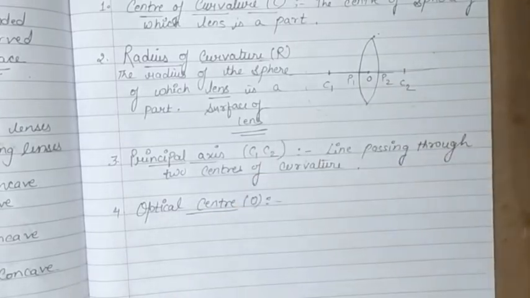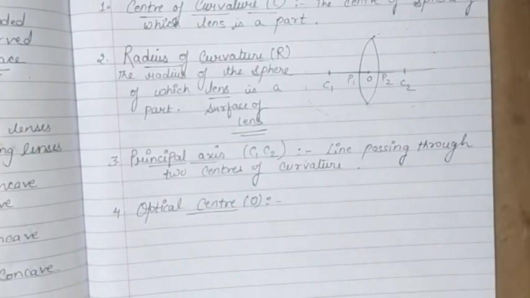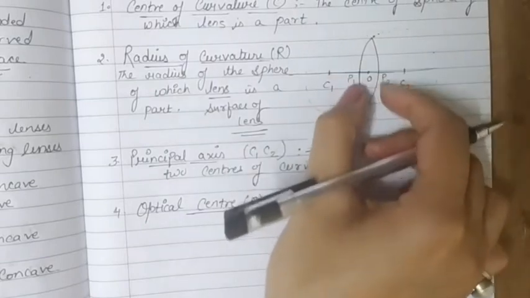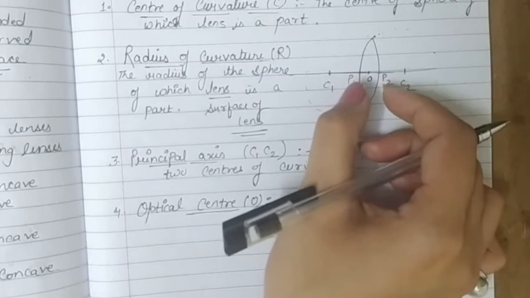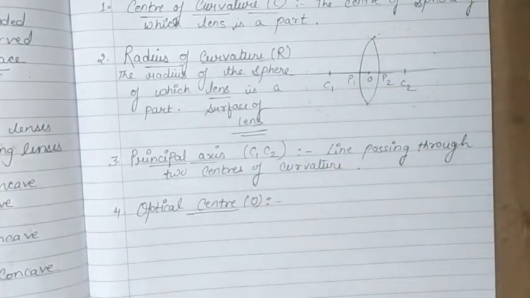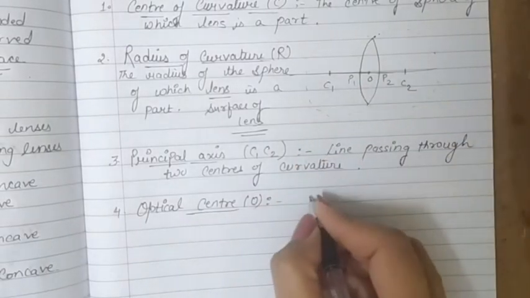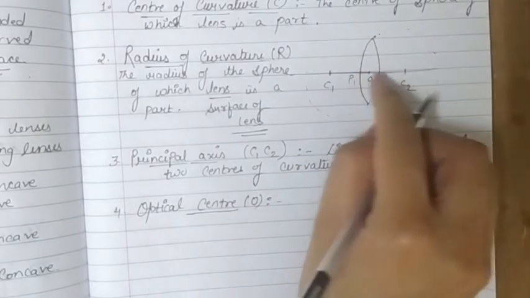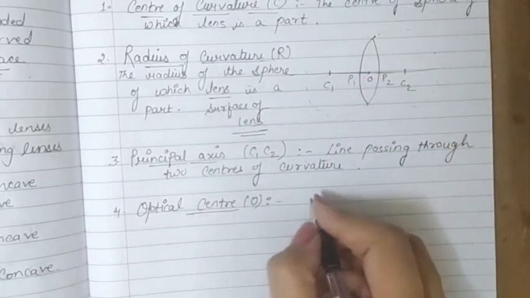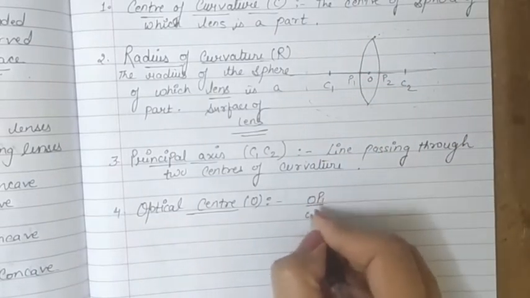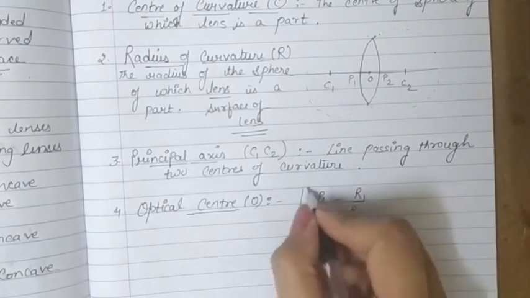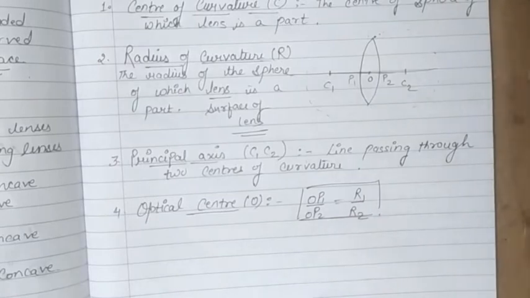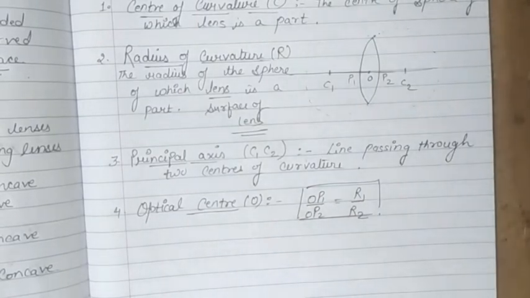Now we can define optical center as a point in between the lens, or as a point which is dividing the thickness of the lens in the ratio of the radii of curvature of its two surfaces. Means this optical center divides the total thickness P1 P2 in the ratio of OP1 upon OP2, which is equal to the ratio of the radii of curvature of the two surfaces of the lens. Then the point O is called optical center.